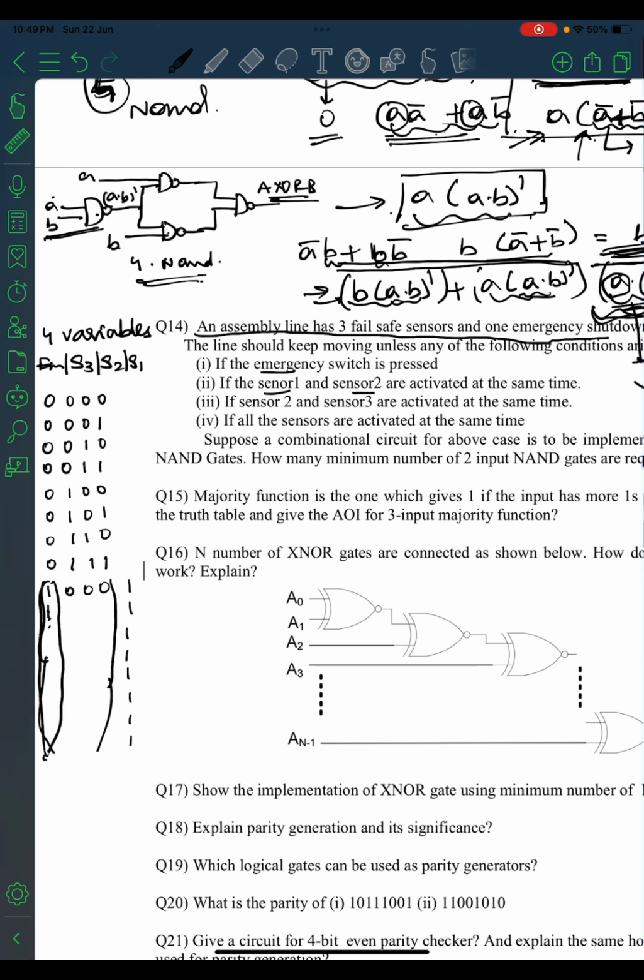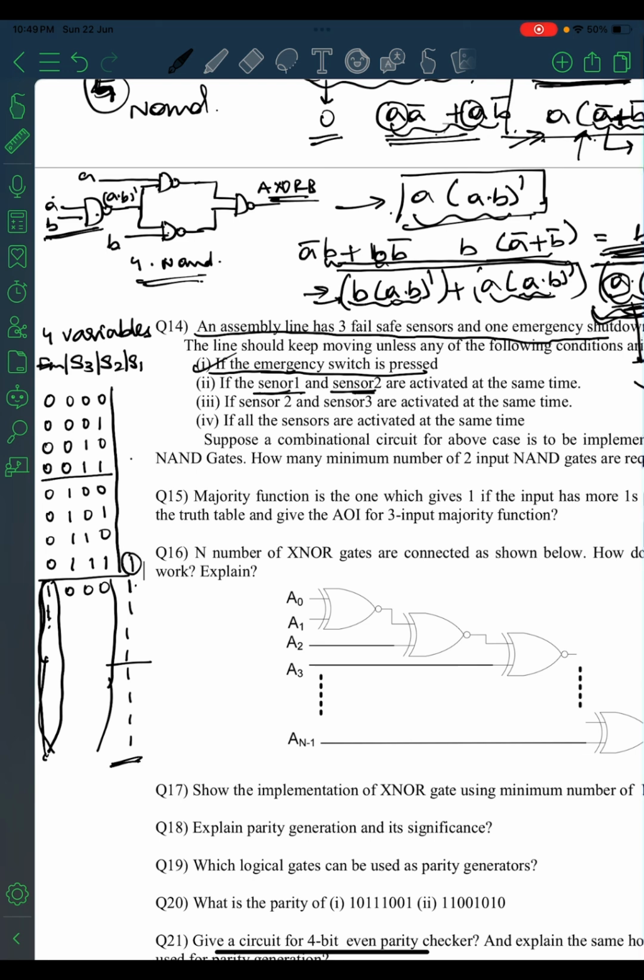This is the bit for the emergency switch, right? Whenever the emergency switch is pressed, for all these values, the output is 1. And if sensor 1 and sensor 2 are activated at the same time, means these first two values. So this is the case and this is the case.